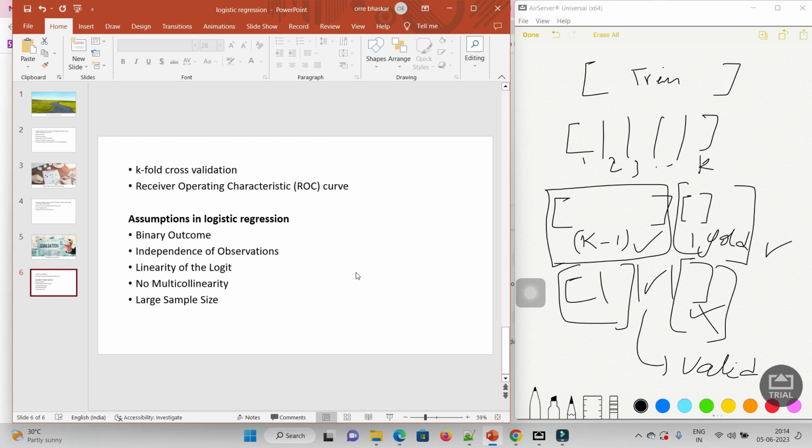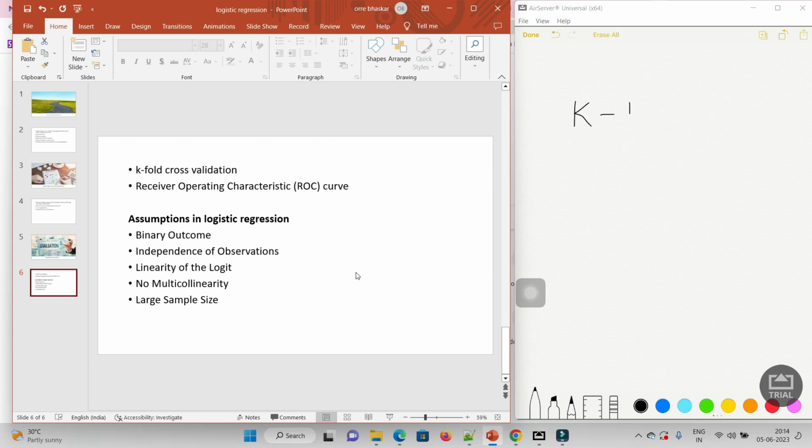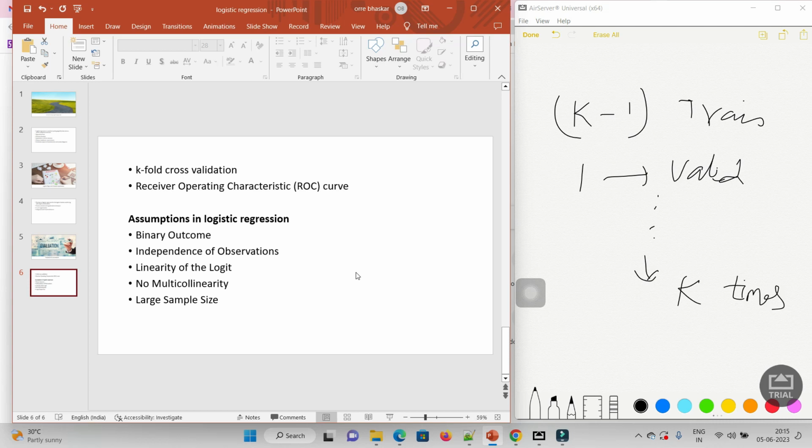So again we have k minus 1 folds for train and one fold for validation. We will train a model like this. How many times? K times. That's why it's called K-fold cross-validation.